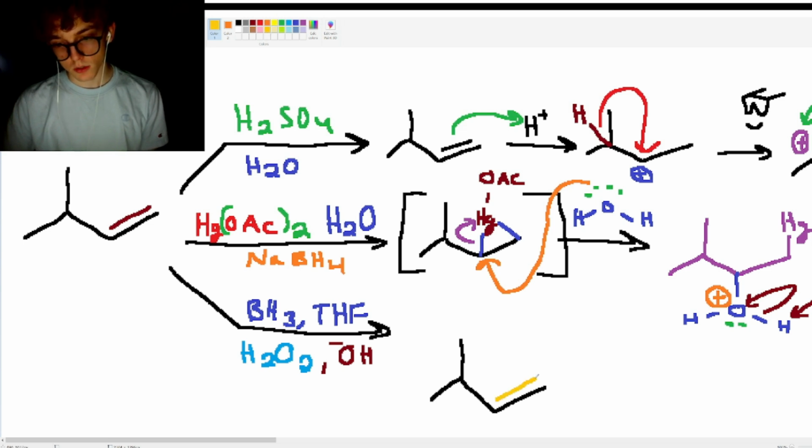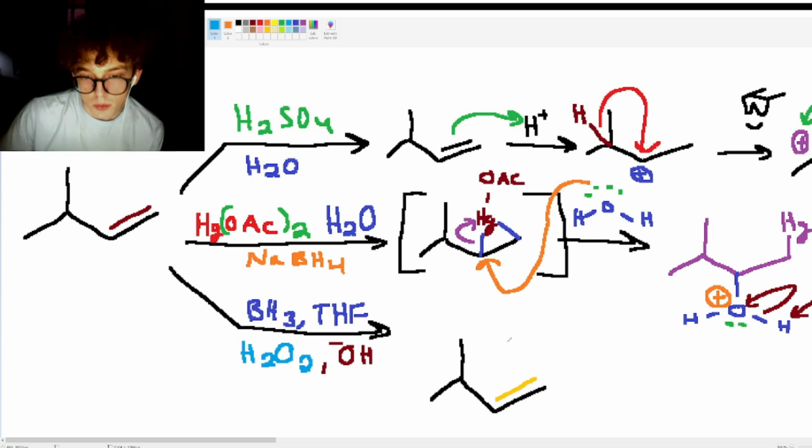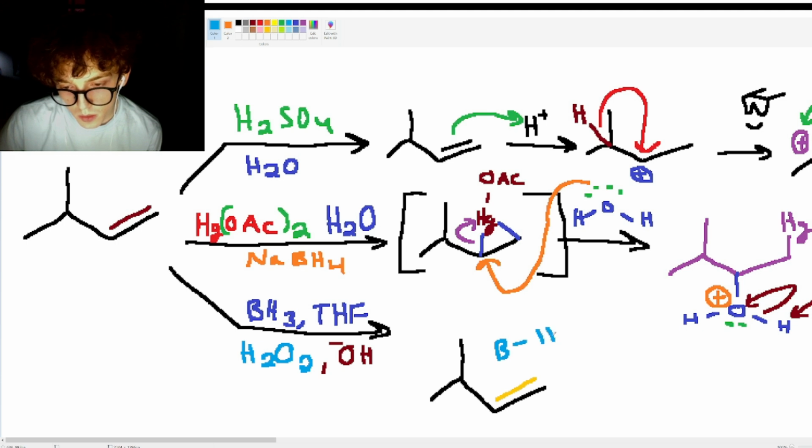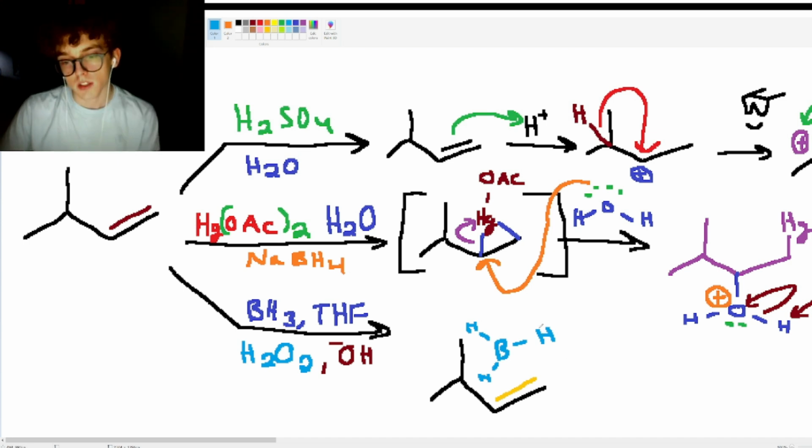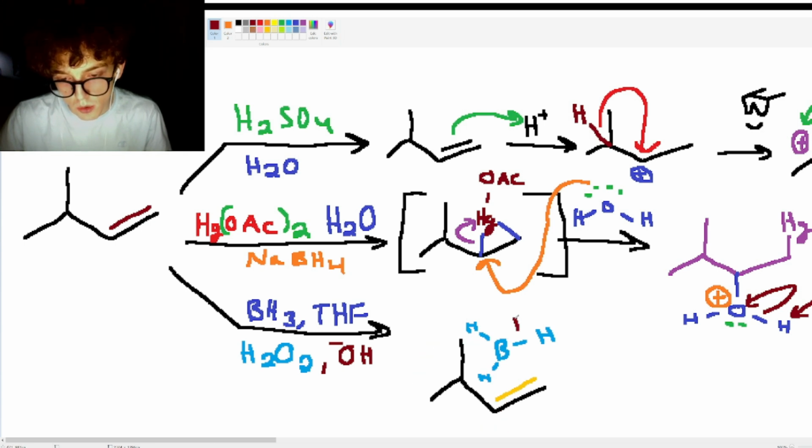to this reaction occurring is what we call steric hindrance. So if I'm that BH3 group, we have two H's here. Which way is this molecule going to approach? Is it going to approach from the bulky side? You can see we have a lot of bulk here, and then we have two hydrogens and a boron on one side. That's pretty bulky. No, there's going to be too much steric hindrance.